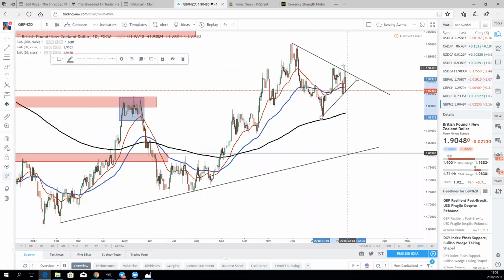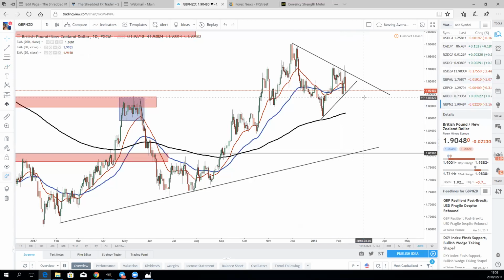Alternatively, if we get a break, you can see that it has been tested a few times, a break, another little flag formation, and then look to go long. But you can see we're quite close to support here. Okay, so again, possibly looking at shorting the pound again against the New Zealand dollar this week.